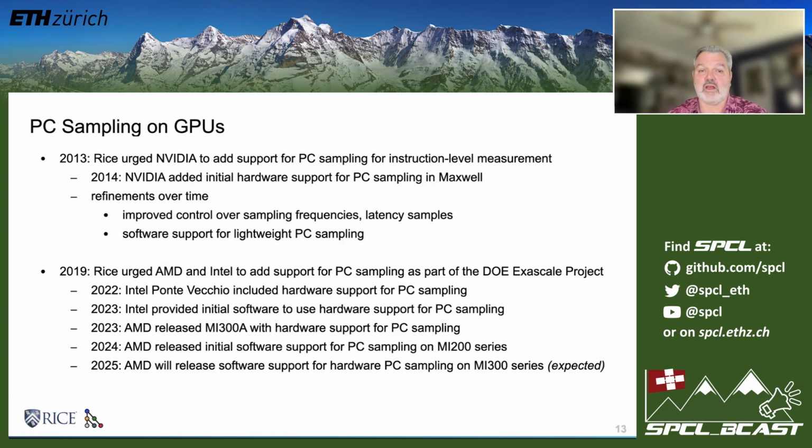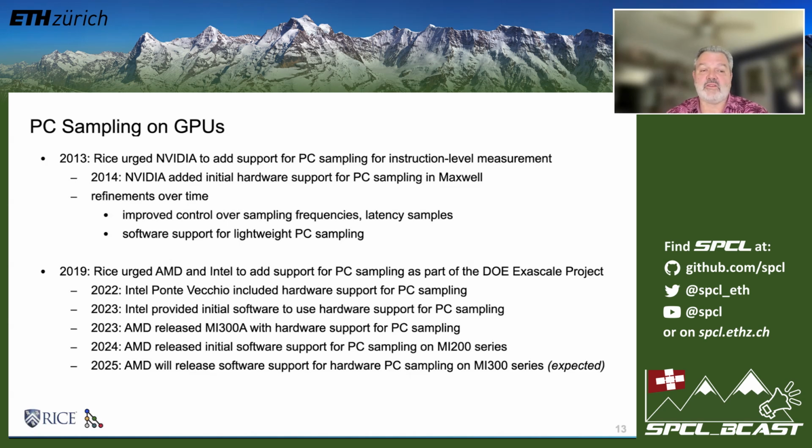We had some discussions with some of their hardware engineers. Then starting in 2014, they added support for PC sampling in the Maxwell GPUs. They've had some refinements over time that have improved control over sampling frequencies, latency samples, and support for lightweight PC sampling. I'll talk a little bit more about the PC sampling support in just a minute.